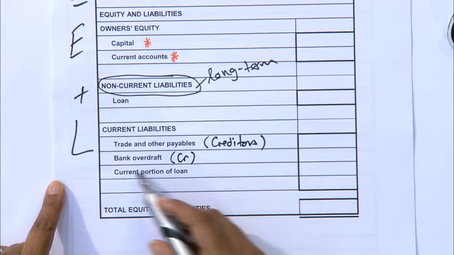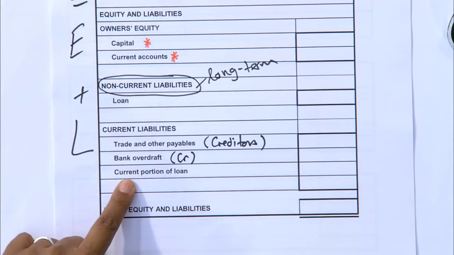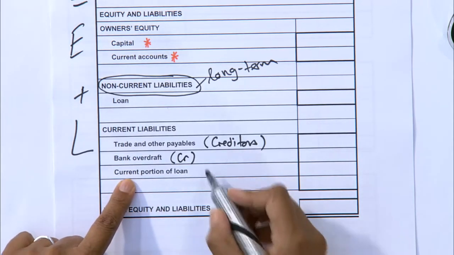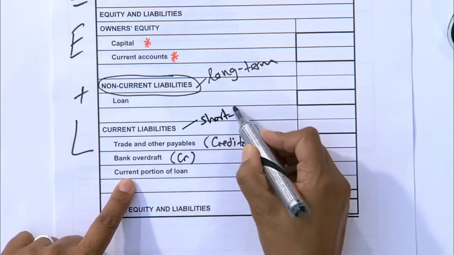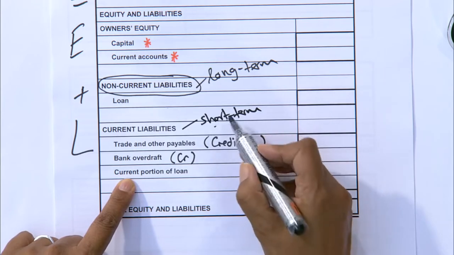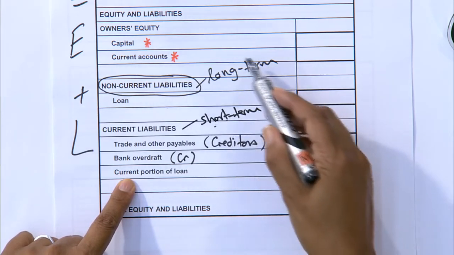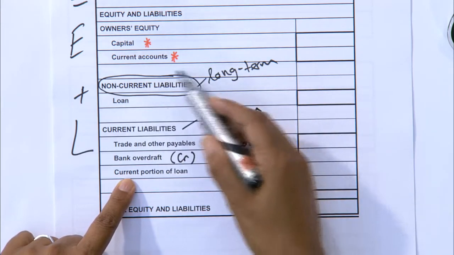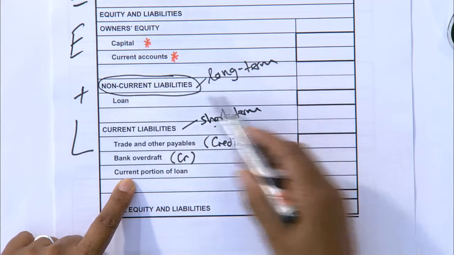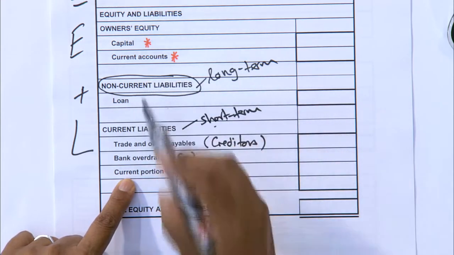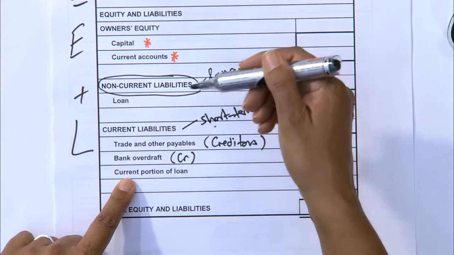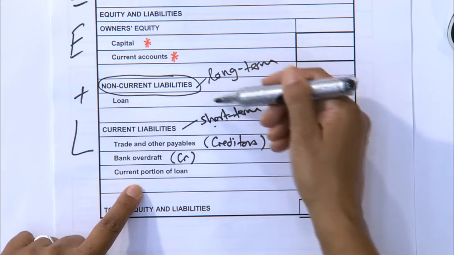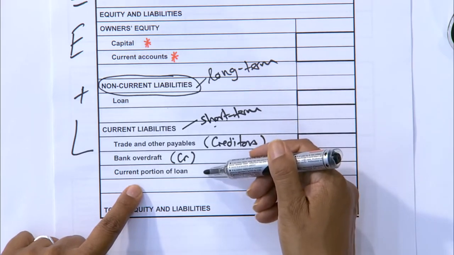And then my current portion of the loan, I will explain later on, but let me just explain to you. Current is short term, okay? Less than a year. So I am going to move, if I owe money in the next financial year that I'm going to pay back. So let's, for instance, say that my loan is 50,000. And of the 50,000, I'm going to pay back 10,000 next year.